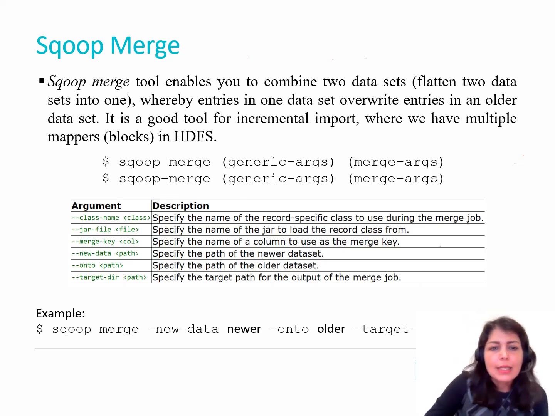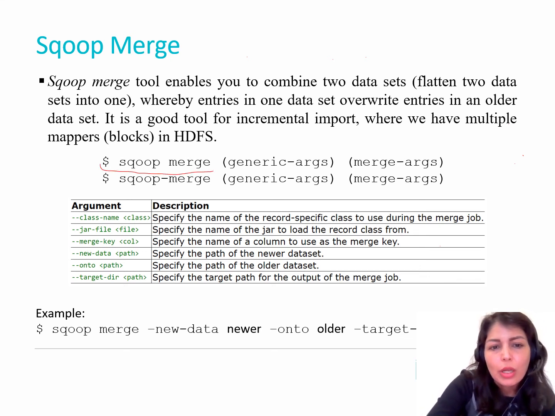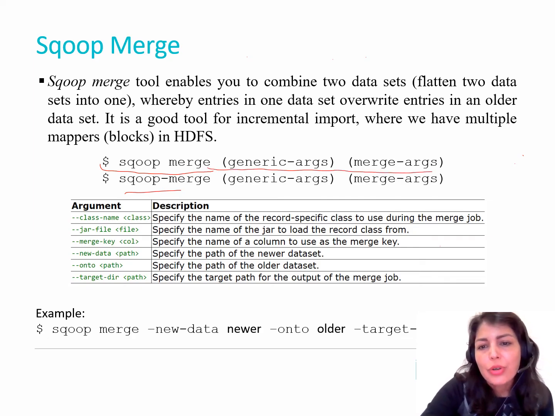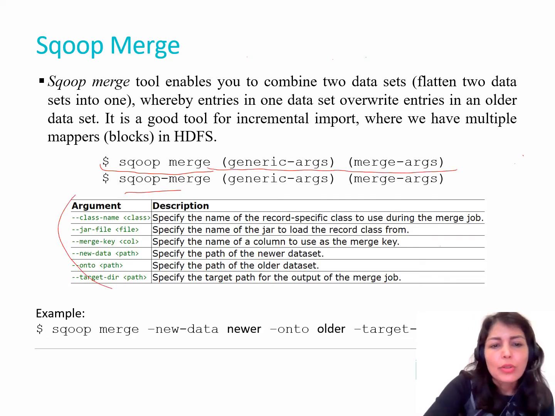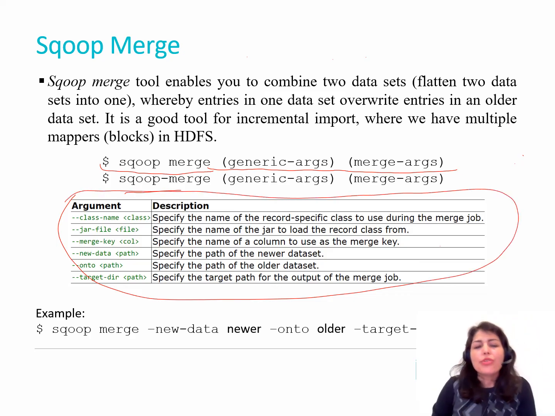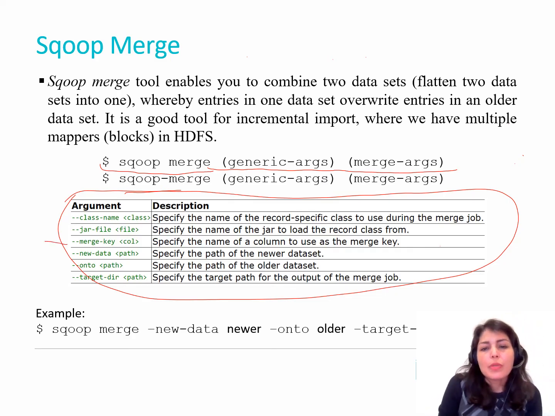Here you can see the syntax of a Sqoop merge. As you can see here, we write Sqoop merge. It can be used with a space or dash, and there we will have generic arguments and merge arguments. In this table, you can see some of the important parameters for merge arguments. One of the important ones is merge key. This specifies the name of the column that the merge should be based on.